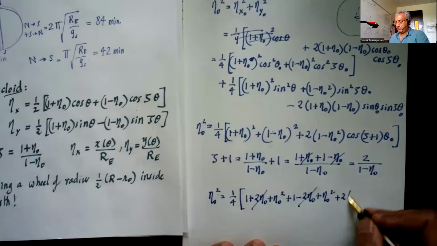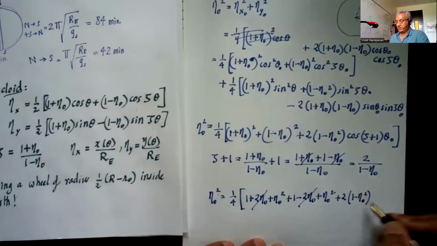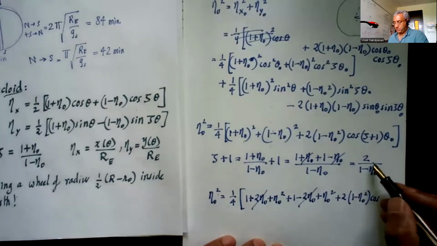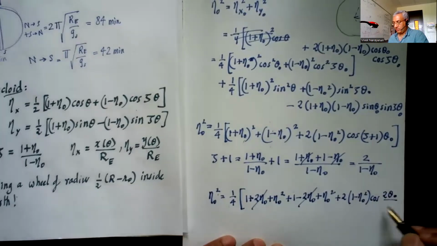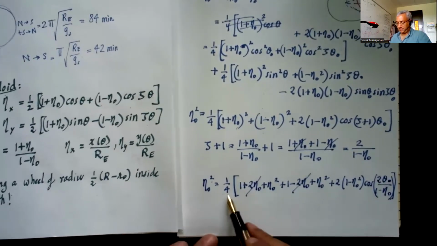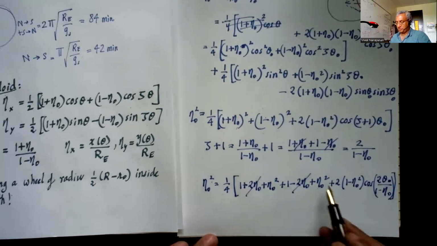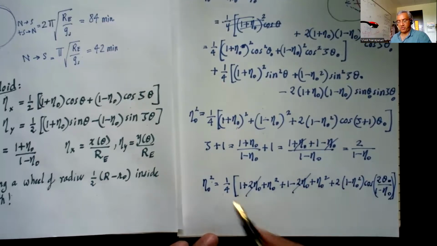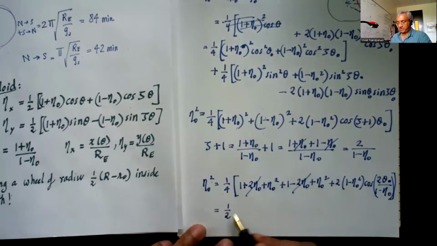Plus 2 times (1 minus eta naught squared) cosine of 2 theta naught over 1 minus eta naught. So there's a half, there's a 2 there, there's a 2 there, there's 2 here, and there's a quarter there, so that becomes a half.